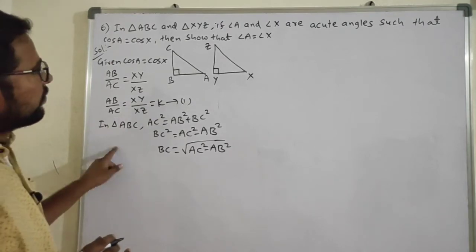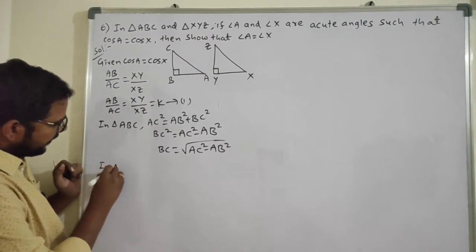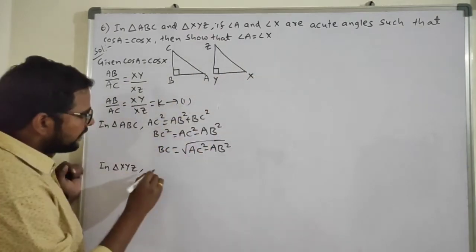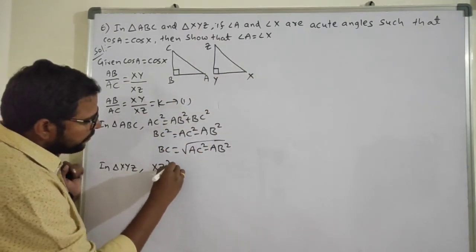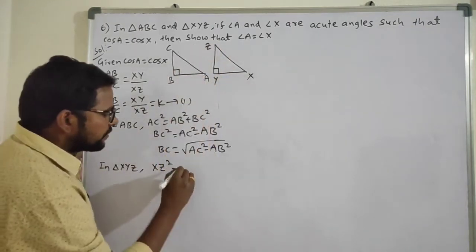Now take triangle XYZ. In triangle XYZ, apply the Pythagoras theorem. XZ square is equal to XY square plus YZ square.